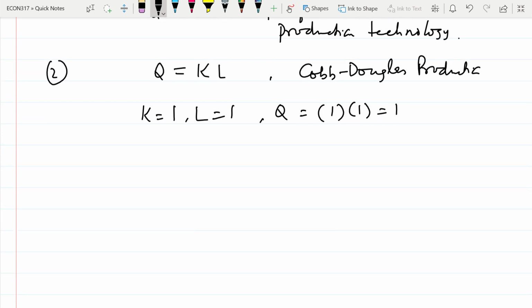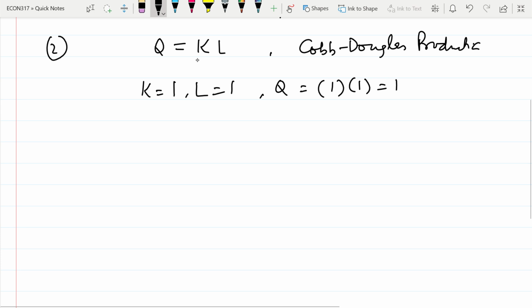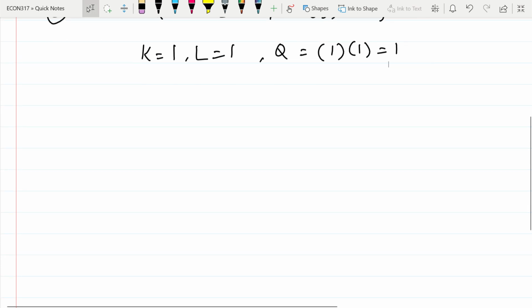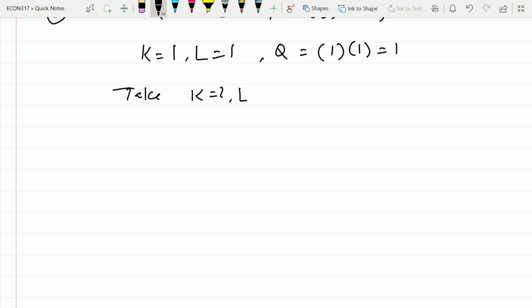Okay, to verify that it displays increasing returns to scale, I will double each one of the inputs. So I will take K to be 2, L to be 2, and now we can find out Q is K times L, 2 times 2, which is 4, which we can see is 4 times the output when K and L were 1 each.